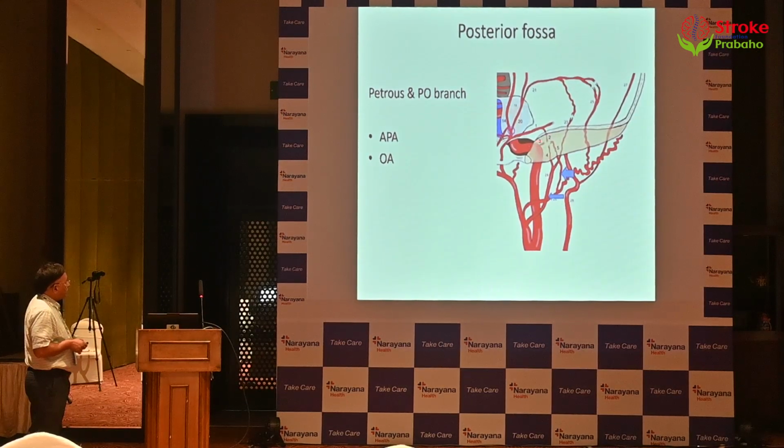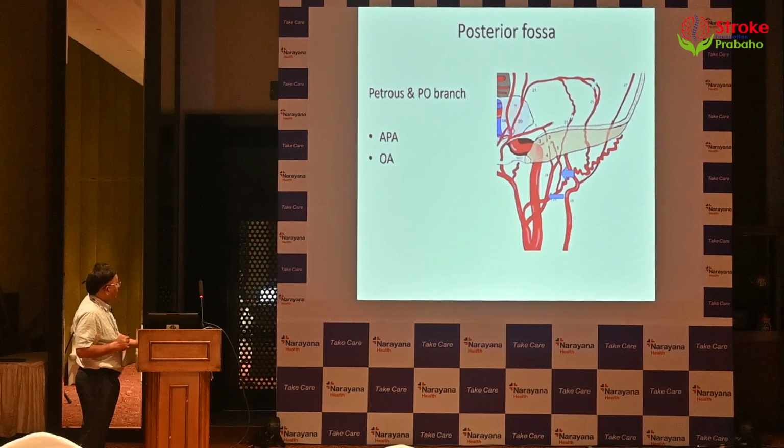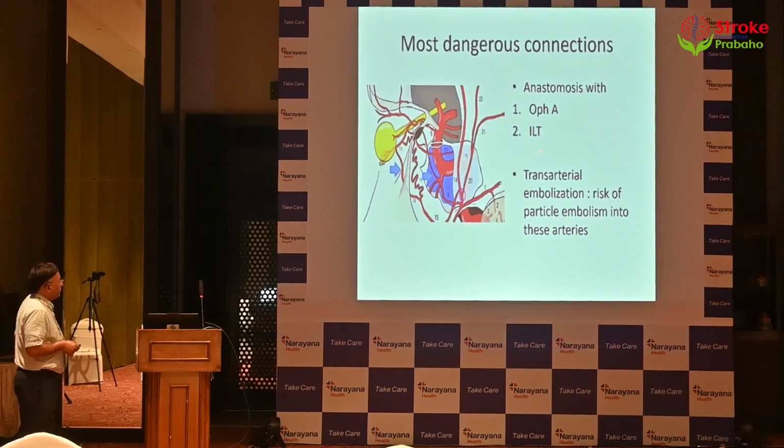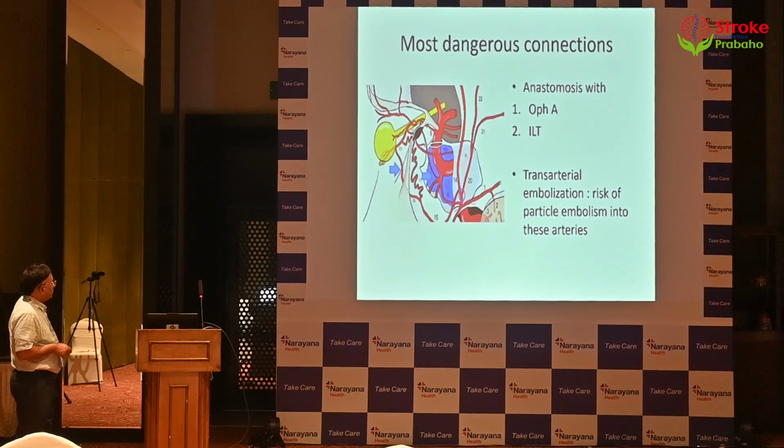So this is the posterior fossa, this is the middle meningeal artery, parieto-occipital branch, and it has communication with the occipital artery branches and the ascending pharyngeal artery branches. So the most dangerous anastomosis we have to remember is ophthalmic and inferior lateral trunk. This is the communication with the inferior lateral trunk, and this is communication with the ophthalmic artery. So these are the most dangerous anastomoses when you are planning for embolization.